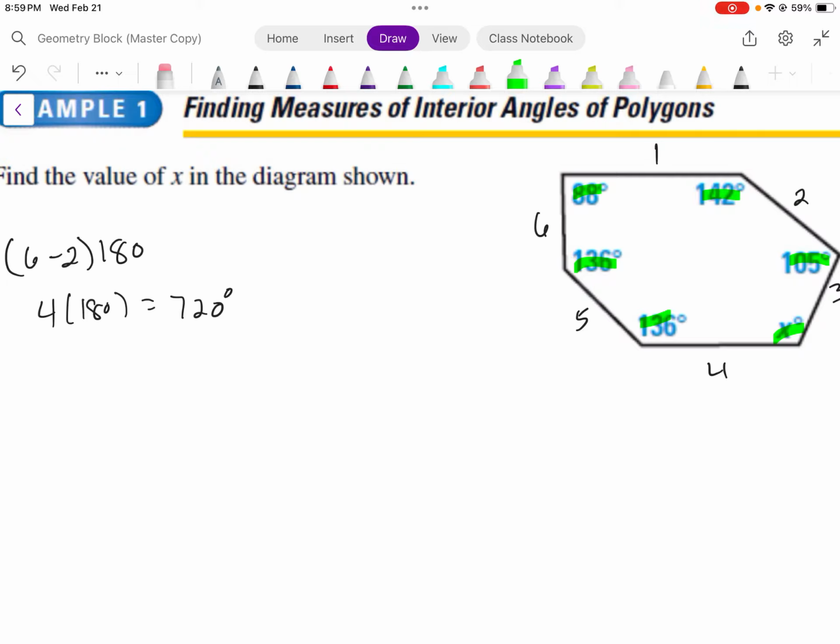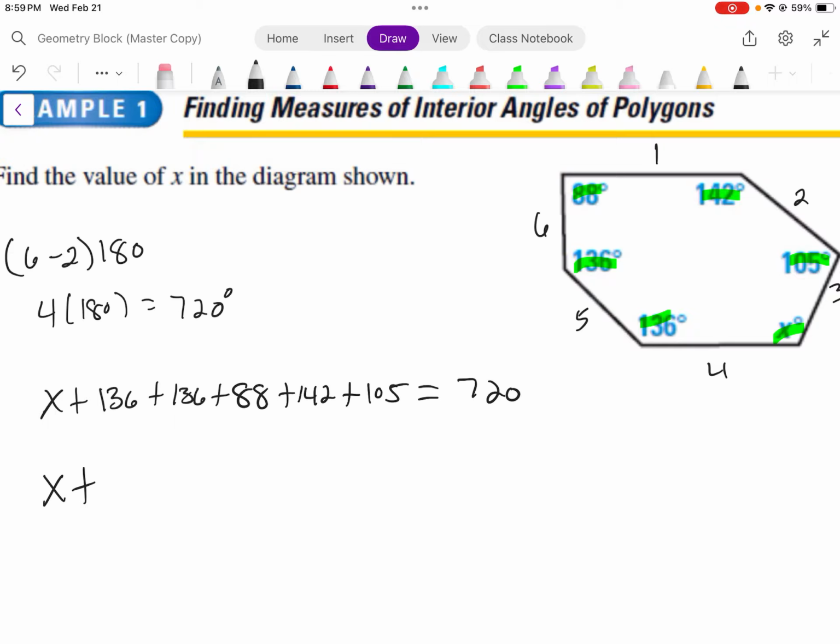I'm going to add them all up and set it equal to 720. So x plus 136 plus 136 plus 88 plus 142 plus 105 is equal to 720. Those all add up to be 607.